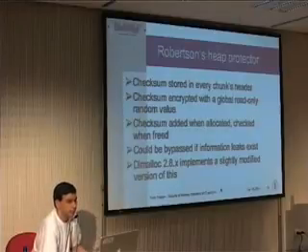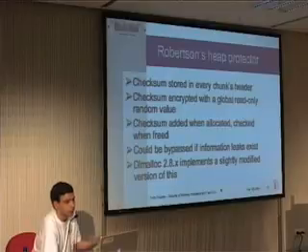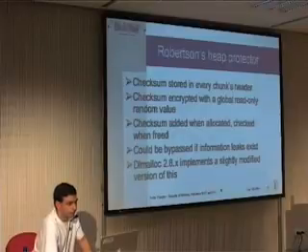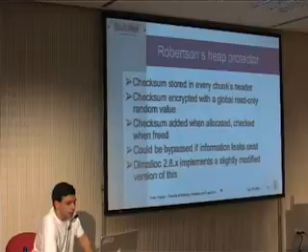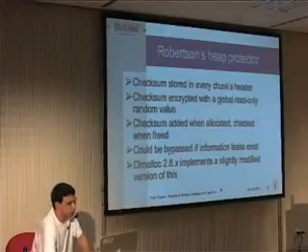It adds this checksum to the header when a chunk is allocated, and it checks it before it runs free. As a result, if the attacker has modified this, he won't be able to calculate his own checksum without knowing the random number, which is also the weakness of this allocator. If the random value is leaked, it could be bypassed. The almalloc 2.8 implements a slightly modified version of Robertson's heap protector.